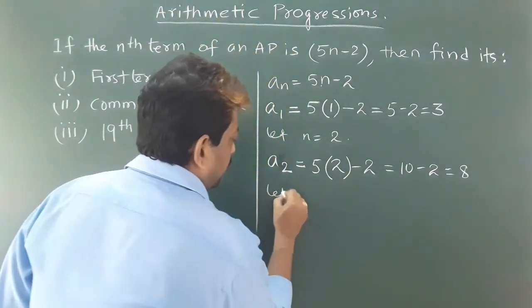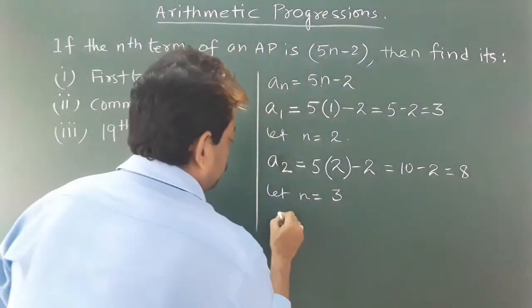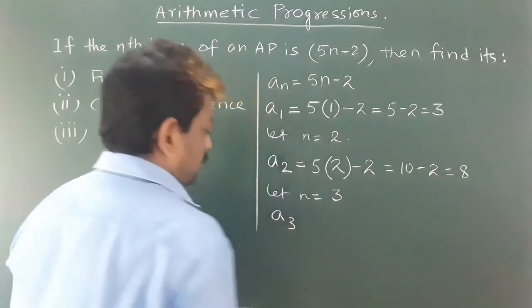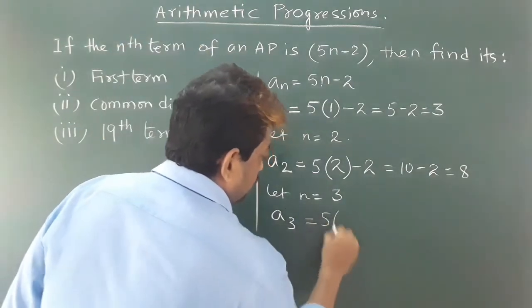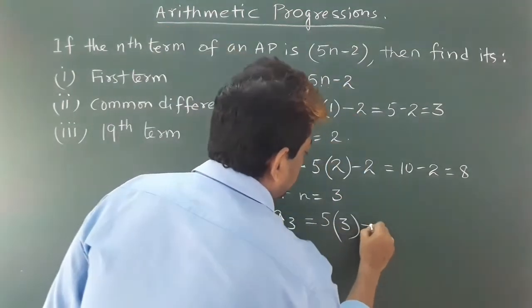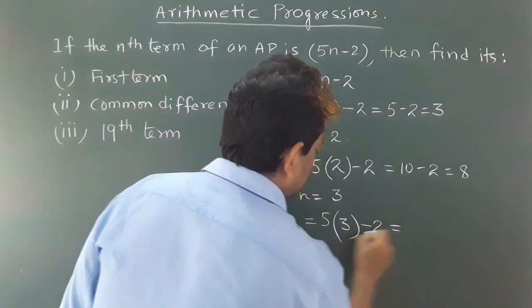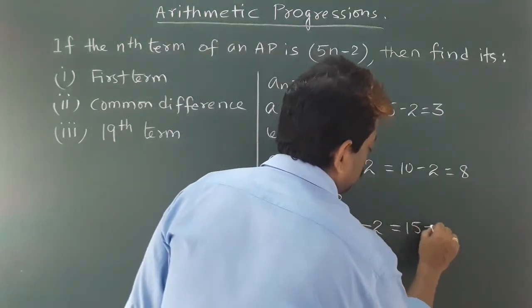Now let me take n as 3. n equals to 3. So it is a3. a3 means the third term. a3 equals to 5 multiplied with 3 minus 2. So it is 5 multiplied by 3 is 15 minus 2.